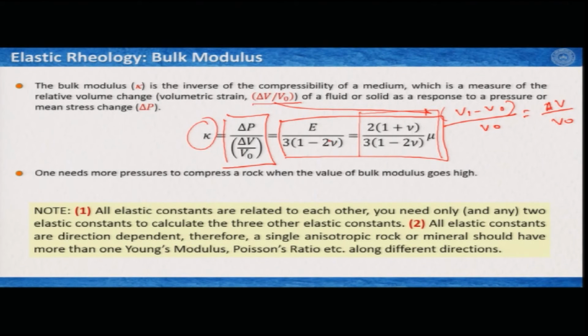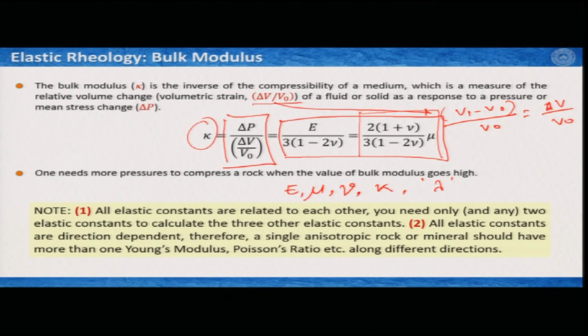This equation says that you need more pressure to compress a rock when the value of the bulk modulus goes high. Now, we have learnt Young's modulus, shear modulus, Poisson's ratio, and bulk modulus. There is also one left, Lamé's constant; we will learn it later, but not right now.